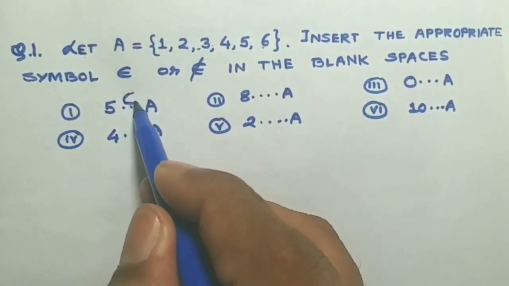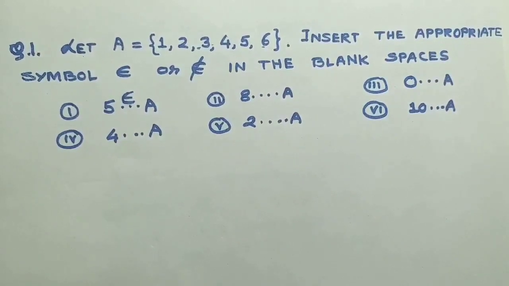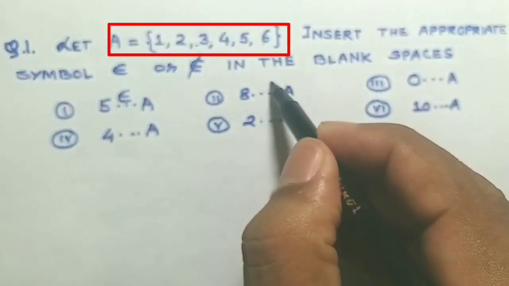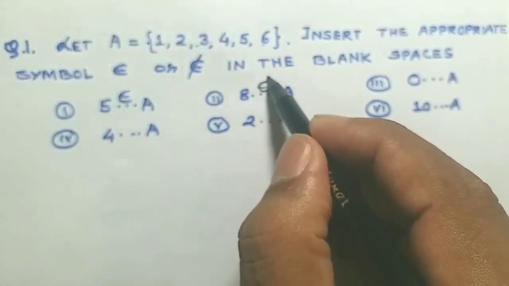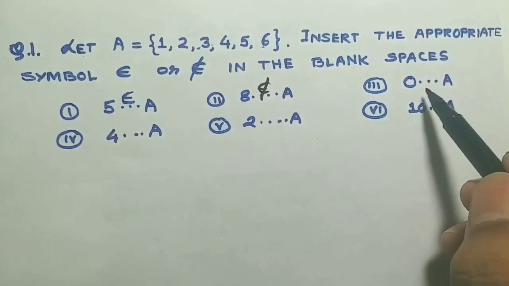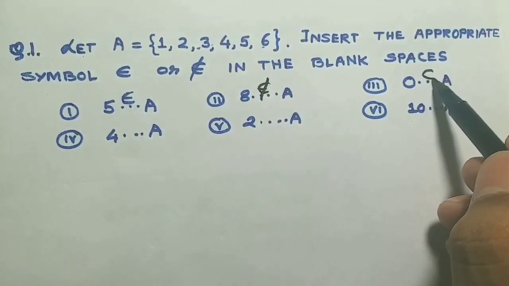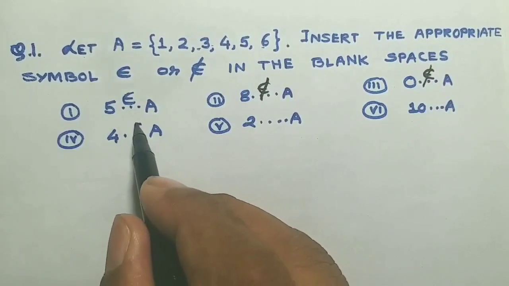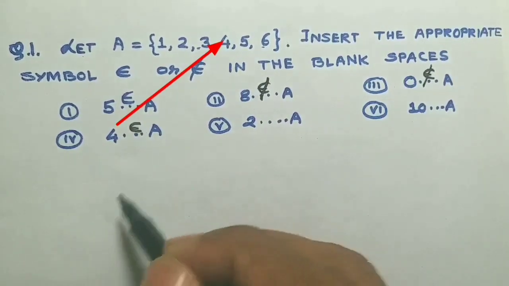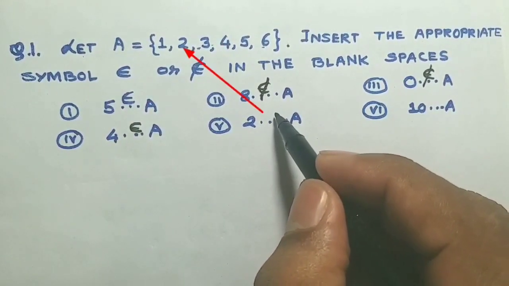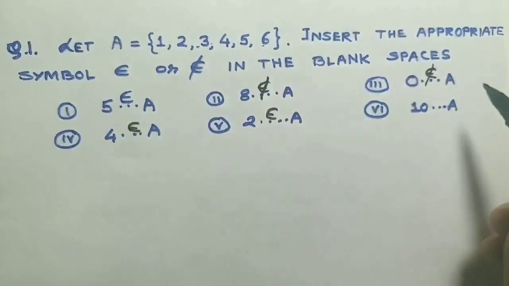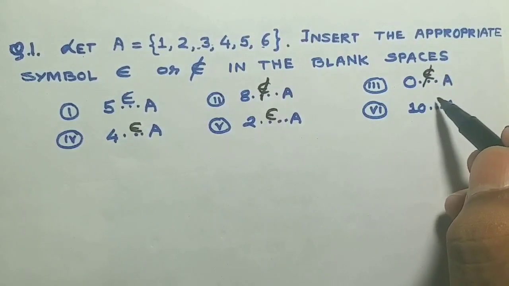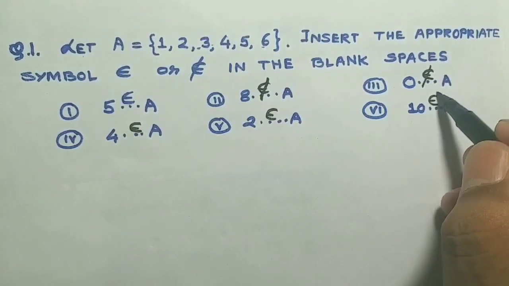We see 5 is there, so we use epsilon. Now 8 is not in A, so 8 does not belong to A. 0 is also not there, so 0 does not belong to A. 4 belongs to A. 2 is present in A, so 2 belongs to A. 10, is it there? No, so does not belong to.